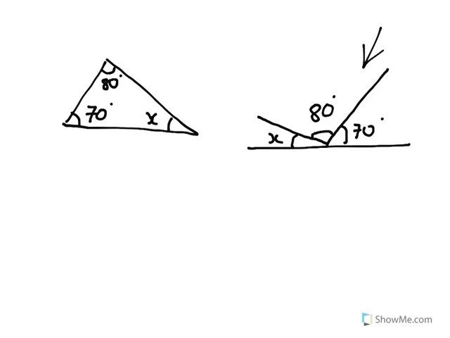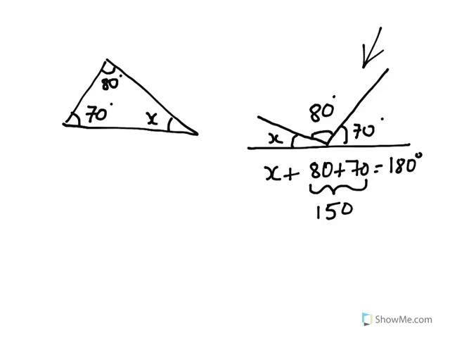So if I have an angle here that's 80 and one that's 70, x plus 80 plus 70 must all equal 180 degrees. 80 and 70 is 150. So the angle that's left over here, x, must be 30, because 30 plus 150 equals 180. So x equals 30 degrees.